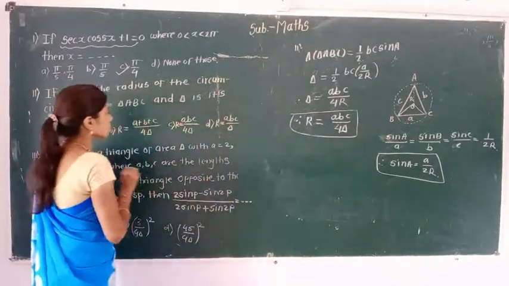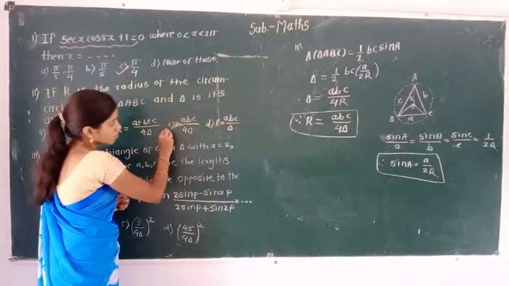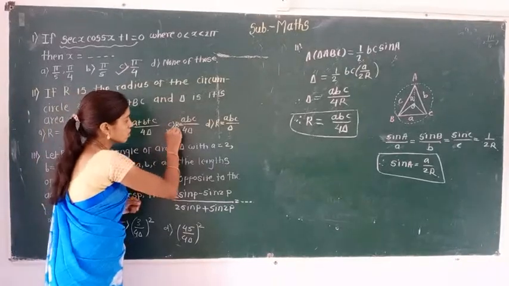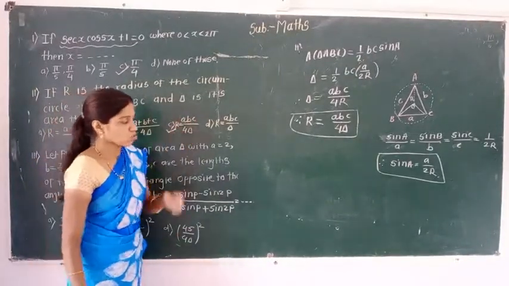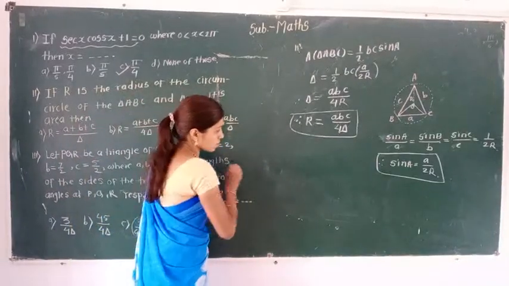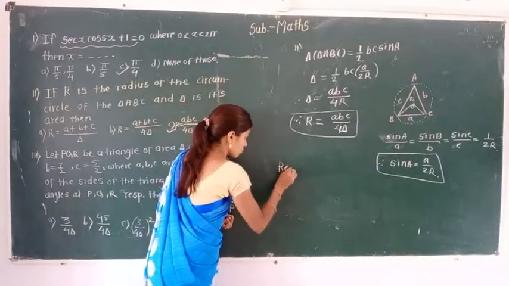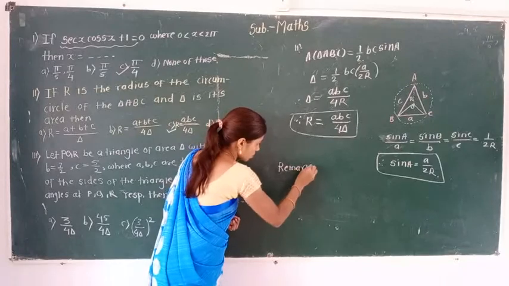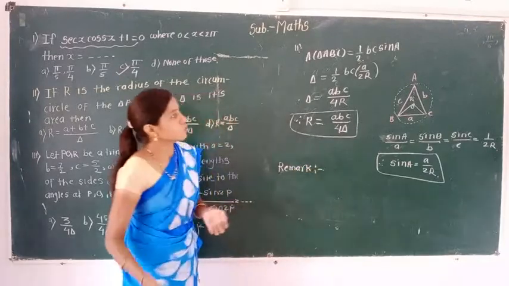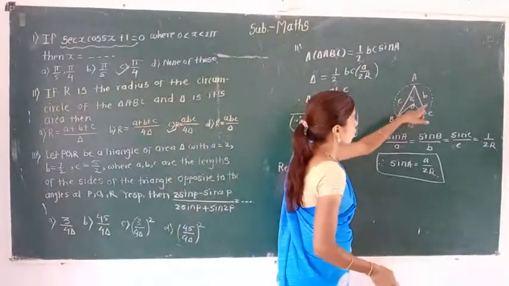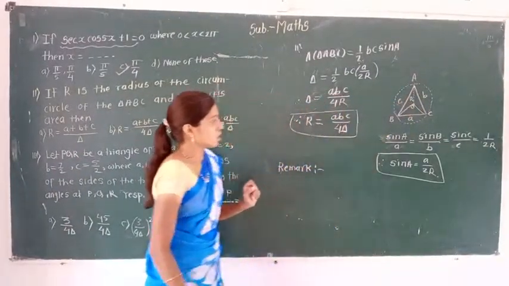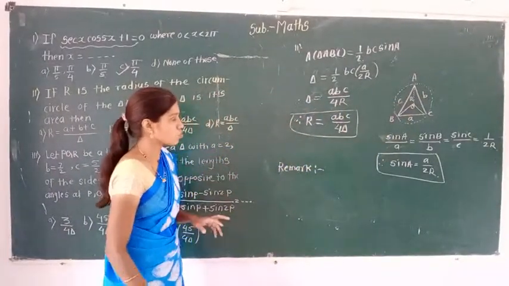So see here, the circumradius of triangle ABC is R equal to abc divided by 4 delta. Now the remark: suppose the three sides of triangle ABC are given and the circumradius is also given.